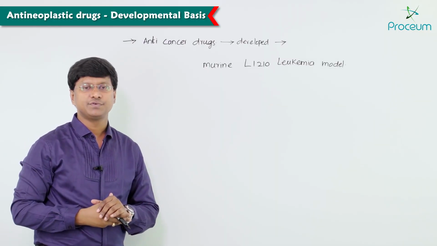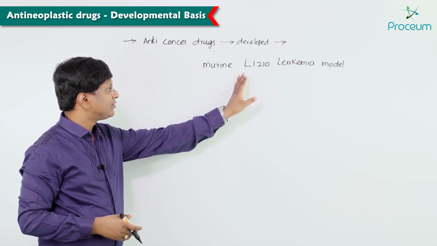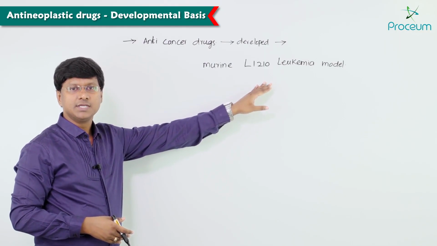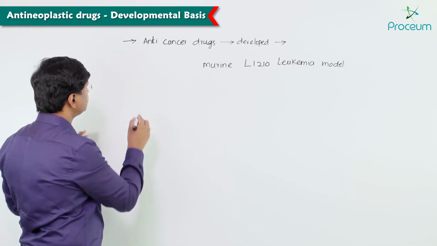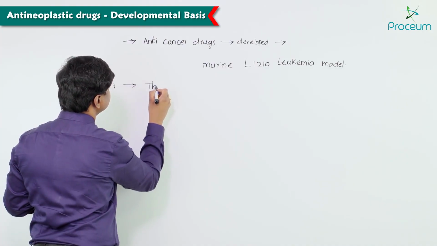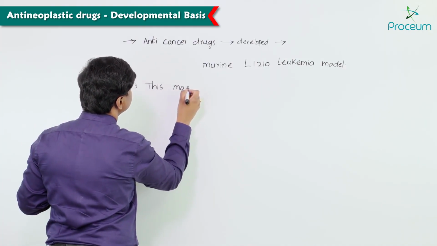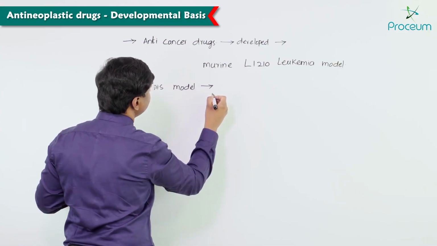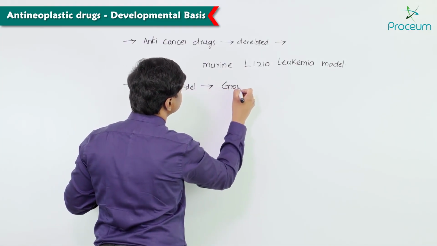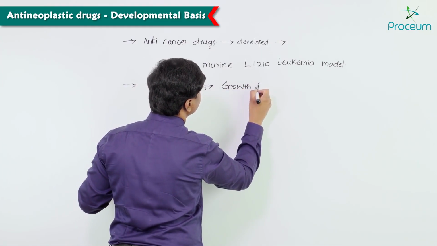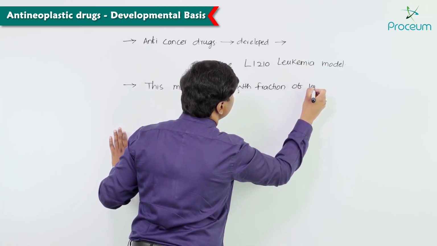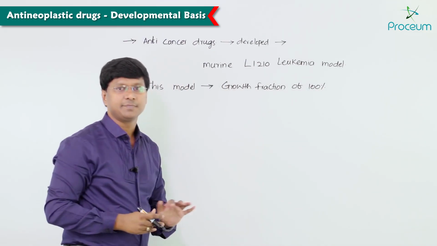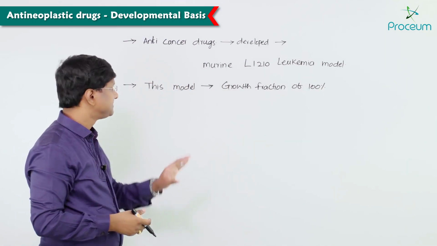Now next point, this murine L1210 leukemia model has a growth fraction of 100%. What does that mean?